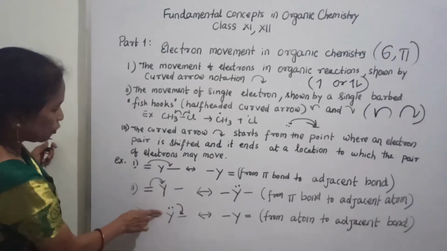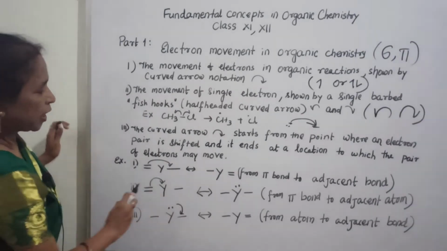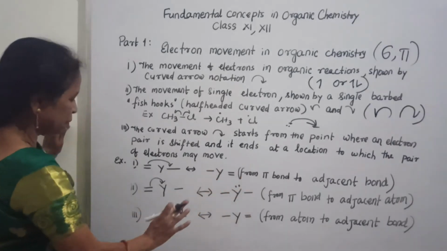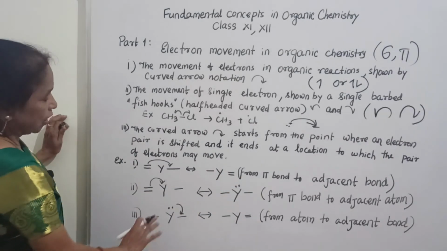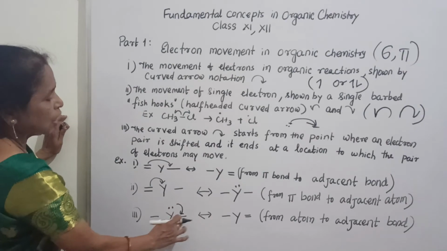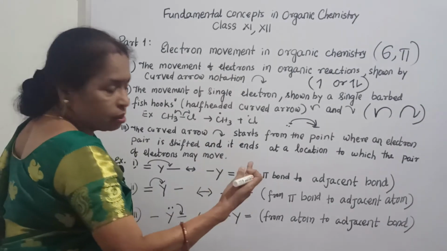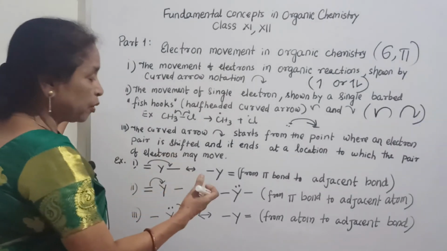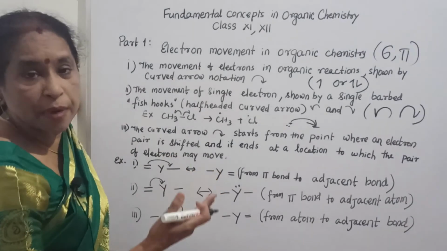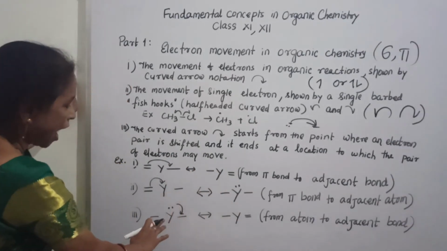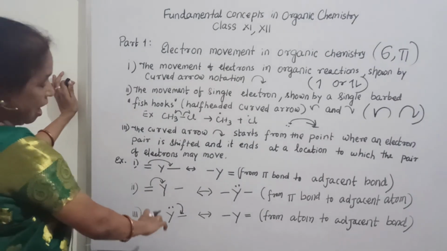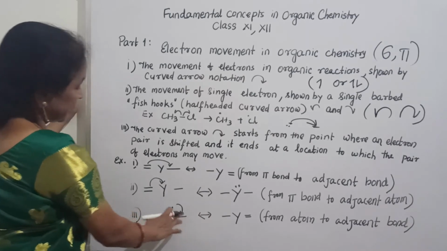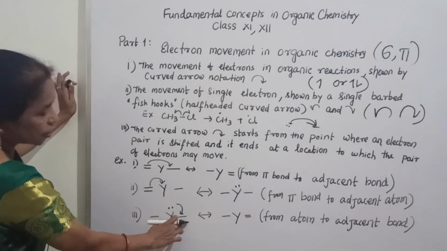Sorry, it should be a single bond, because Y had a pair of electrons and that side is a single bond, so it is okay now. With the movement of electrons like this, it changes to a double bond, one sigma and the other pi. So how can you write this type of movement? From atom Y to the adjacent bond position, that means from atom to adjacent bond.